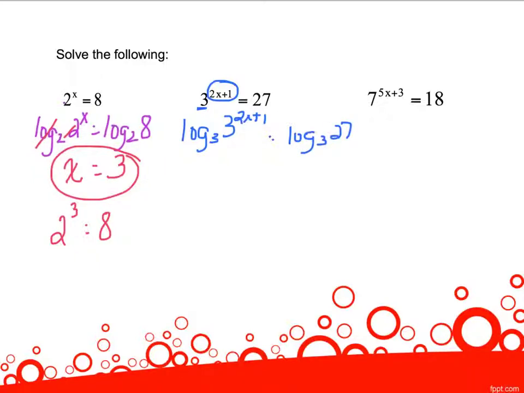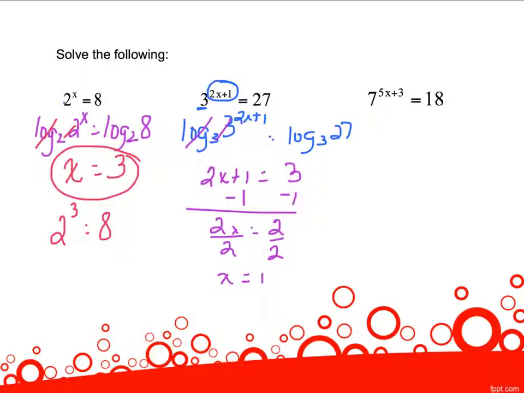But then log base 3 of 3 to the will cancel and just give me 2x plus 1. Then I need to ask myself, can I do log base 3 of 27? 3 to the what gives me 27, and that's 3. And now I've just got a linear equation to solve. We would subtract 1 and get that 2x would equal 2. Then we could divide by 2 and get that x equals 1.